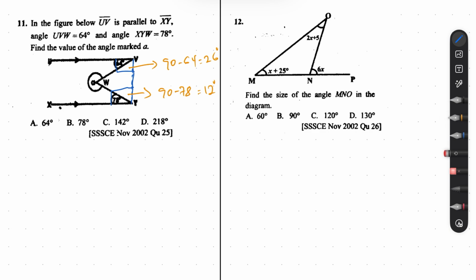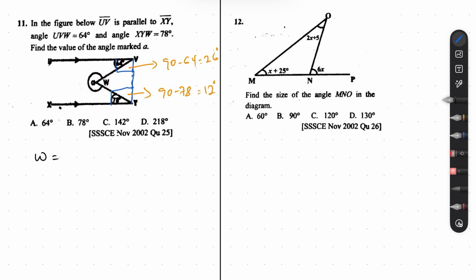Now, since we found these angles, these are the angles of this triangle. We know the sum of the angles of a triangle add up to 180. So W plus these angles should give us 180.